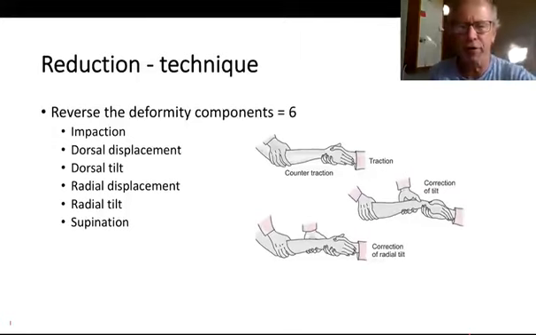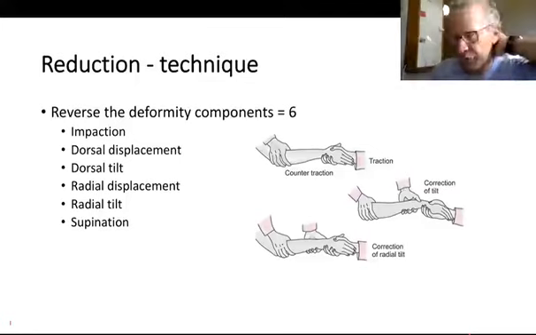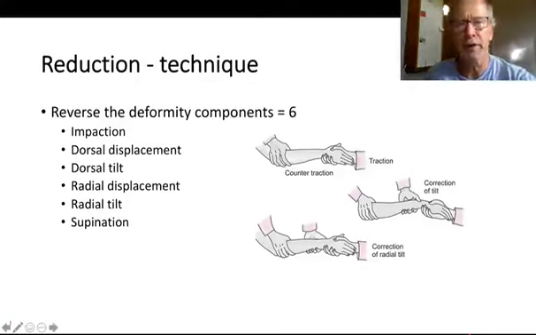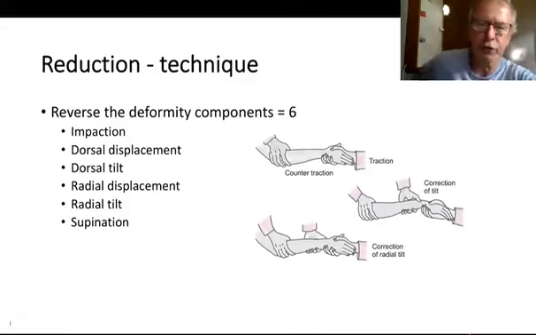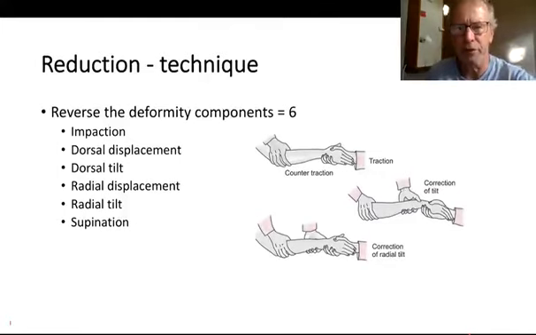Somebody's giving counter traction and you're giving traction, and then manipulation. Once you've got it reduced, you need to put a plaster on, and it's quite nice to have somebody holding the position of reduction while you do that. So the reduction technique is that you reverse the deformity, those 6 components, start with disimpaction, and then counter pressure for the displacement and the tilt.